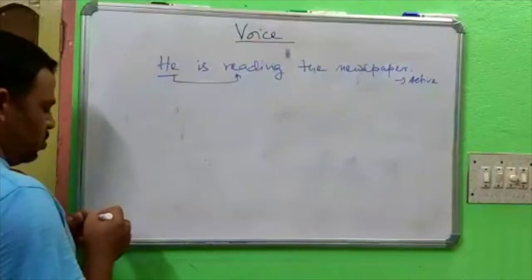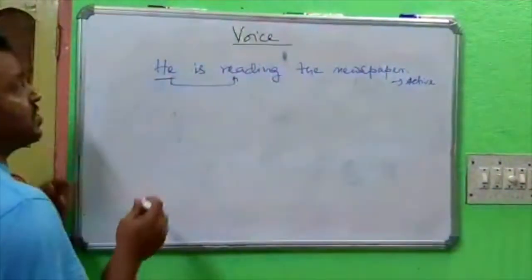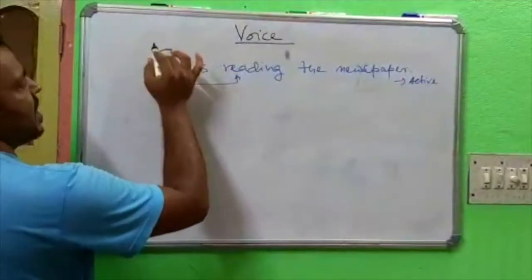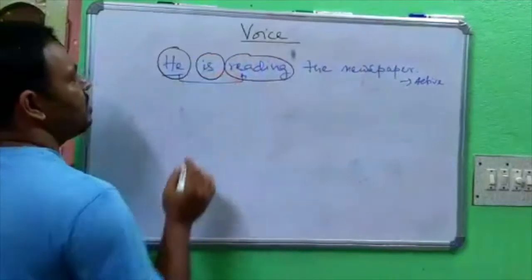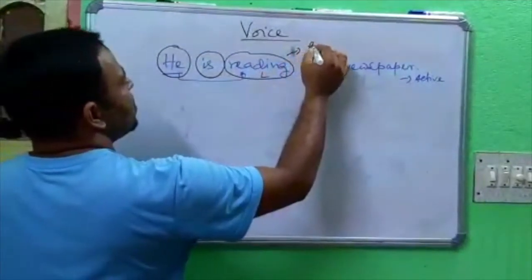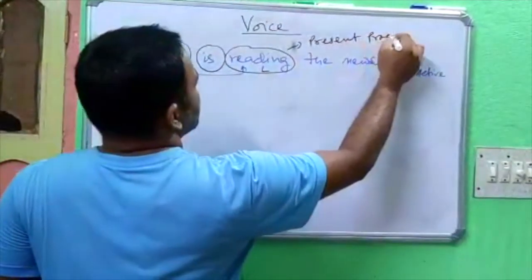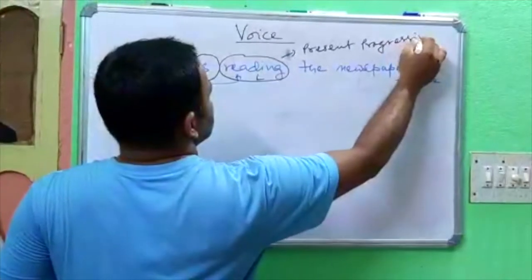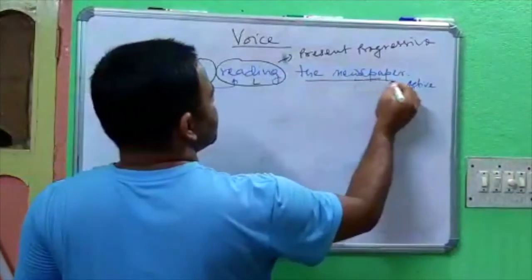First of all, we should know how the sentence is here. The subject is he, the finite verb is reading, and a be verb is used. That is the ing form, that is, it is present continuous tense, present progressive. And the newspaper is the object.